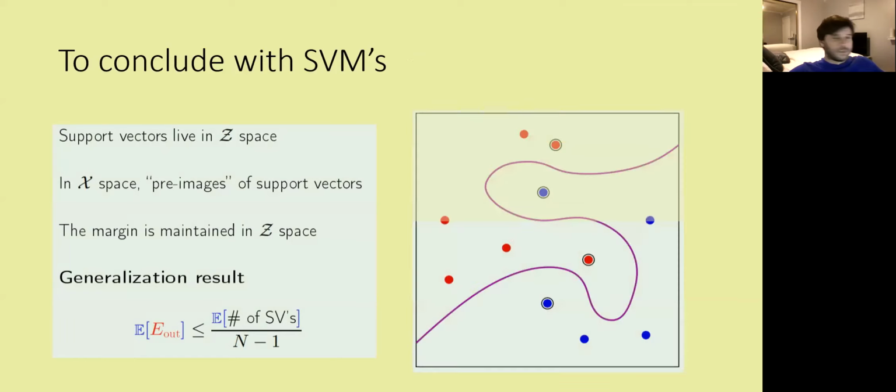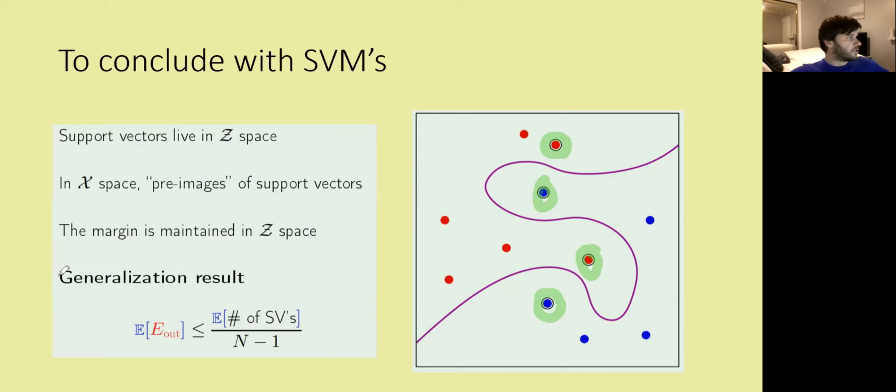Whether this is Z space or X space, we have our support vectors. They are there, and the support vectors are really the ones that define the optimal parameters. Remember, I think in an earlier slide, the betas were equal to the sum of the alphas times the support vectors. The support vectors determine the model complexity here.